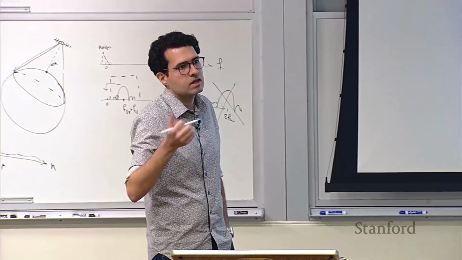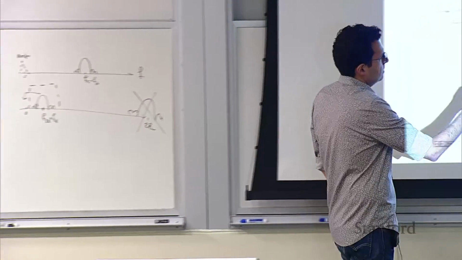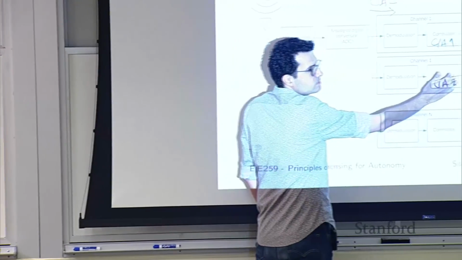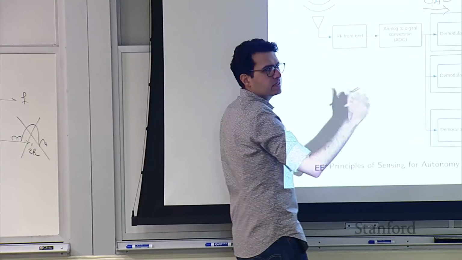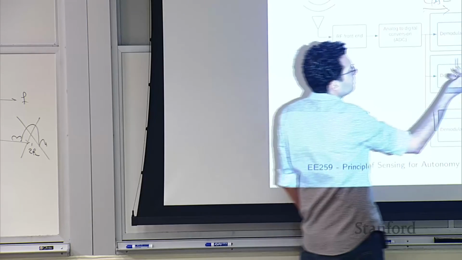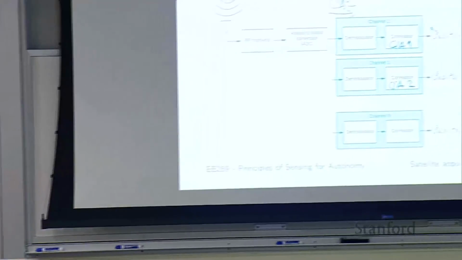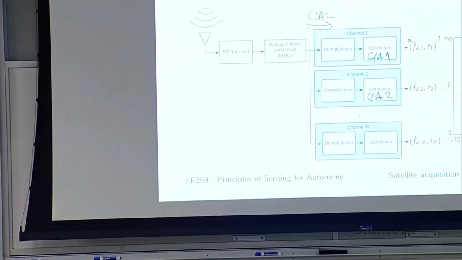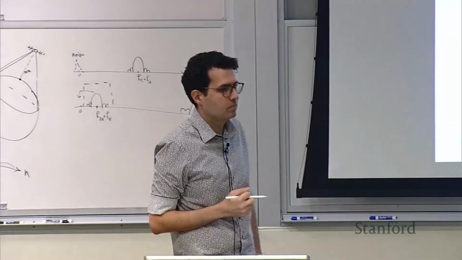But these days, these are software defined, right? So the local replica is all in digital. Assume a microcontroller or an FPGA, which can change at runtime what code it's correlating against. Old ones were all in hardware, and they had almost as many channels as the number of satellites at the time.